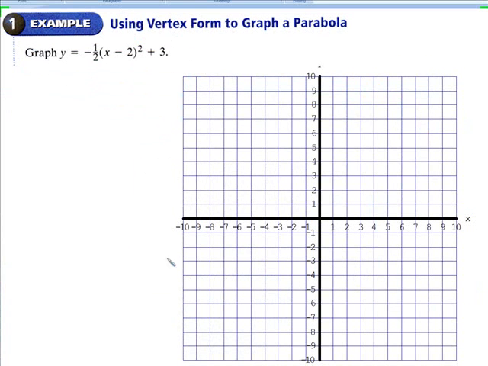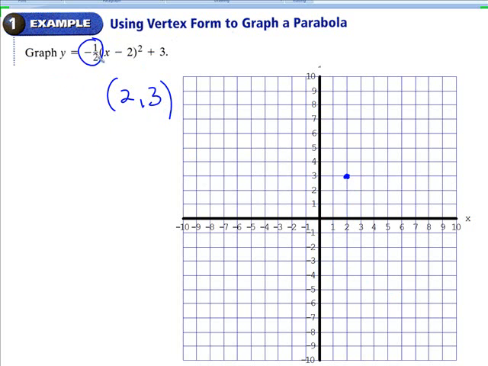This is the same thing as graphing using the shortcut method, very similar. We're going to find the vertex the same way. Opposite sign here, then divided by the number in front of x. So we're going to end up with positive 2. The y value will be 3. So positive 2, 3. So here's our vertex.